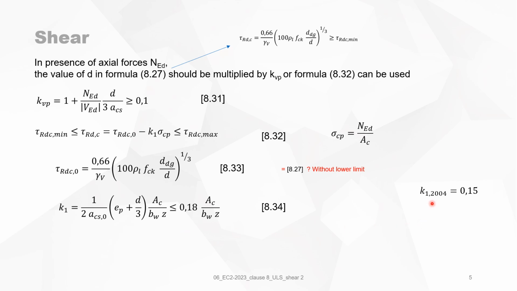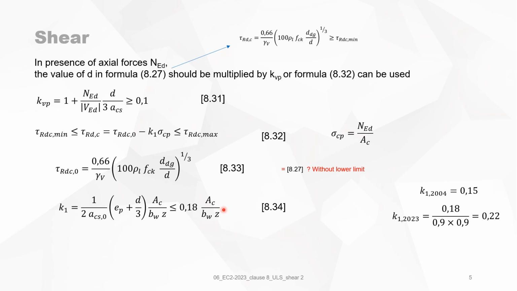Comparing this with the present Eurocode of 2004, we know that K1 sigma CP with K1 was equal to 0.15. Only 15% of the actual stress could be subtracted or added. When we look at the K1 value, the upper limit, then AC equals B times H, and H is D over 0.9 for beams.